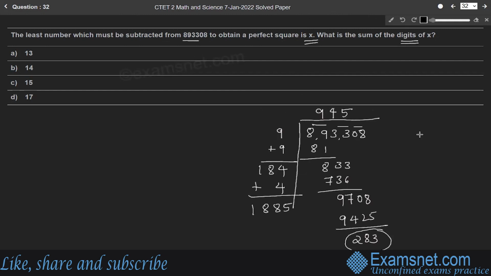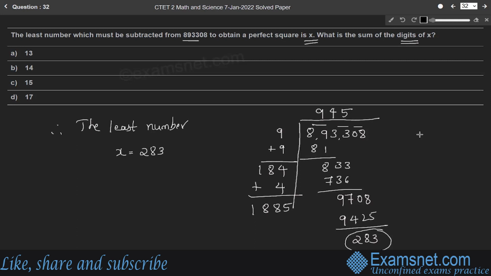From the question, the least number which must be subtracted from the given number is 283. So that is x. Therefore, x is equal to 283. What is asked here? The sum of the digits of x.